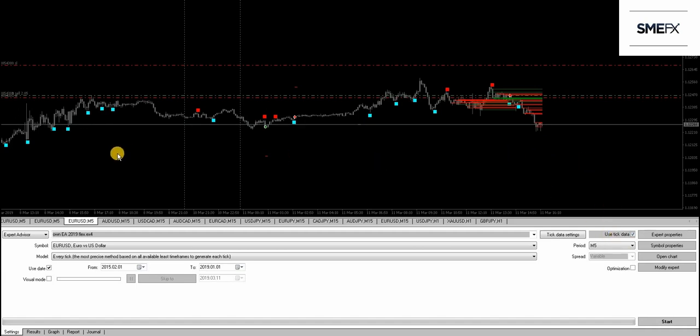So let me also say that I'm not selling this strategy in any way, so the only purpose is really to show you that it's possible to create good EAs which are robust and which are able to perform over different market periods, market conditions.